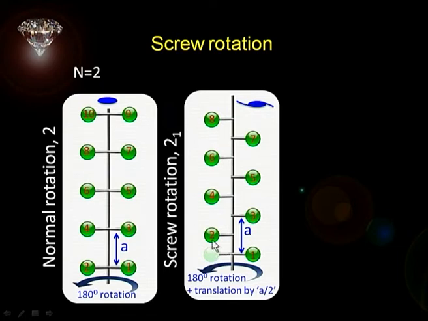I translate by a by 2, so I come here. I again rotate by 180 degrees, come somewhere here, translate by a by 2, I come here, rotate 180 degrees, translate, and so on and so forth. That means the lattice can be generated by doing two operations, that is rotation by 180 degrees followed by translation by a by 2.